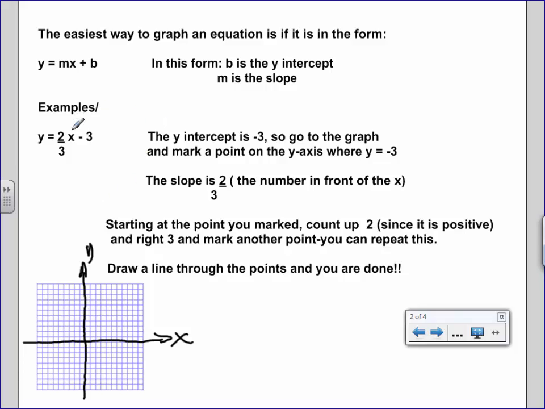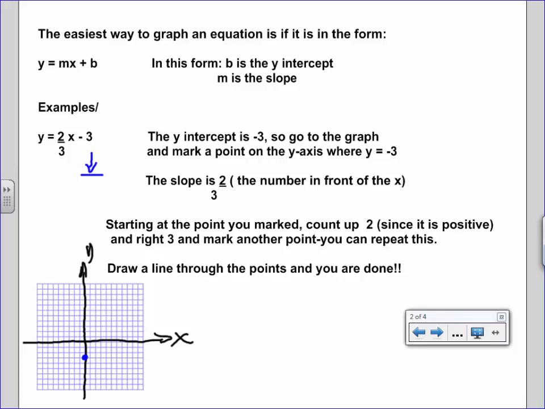Okay, we said the y-intercept is -3, so we'll count down on the y-axis 1, 2, 3 in the negative direction and put a mark there. Okay, the slope is 2/3, and remember slope is change in y over change in x.